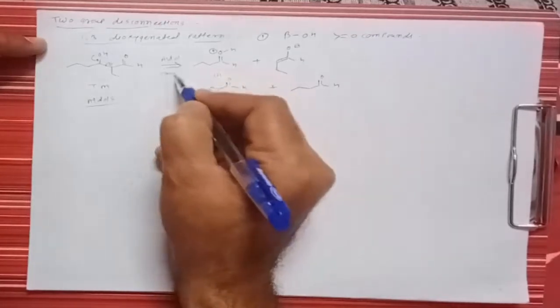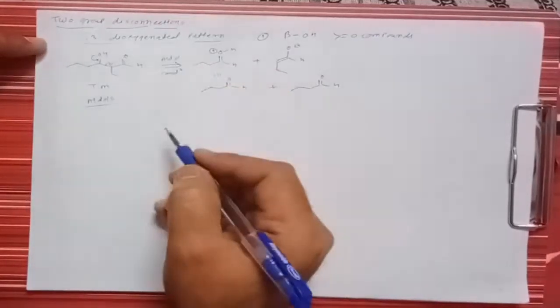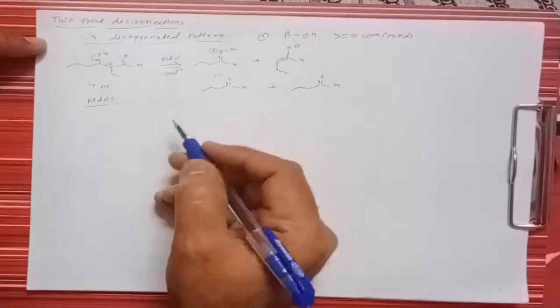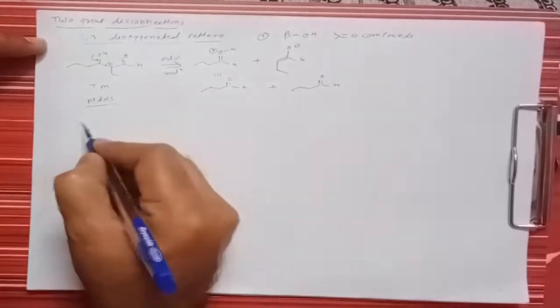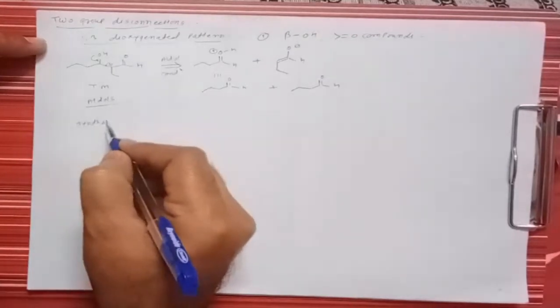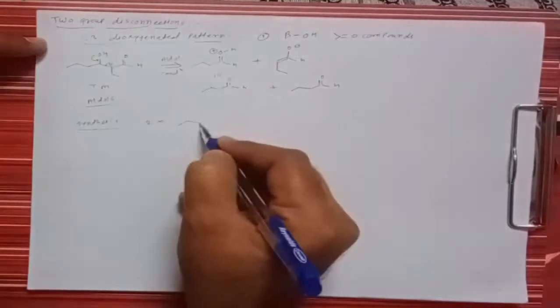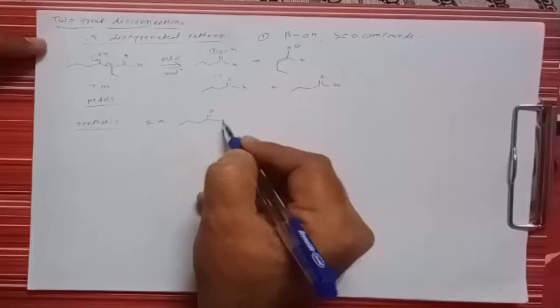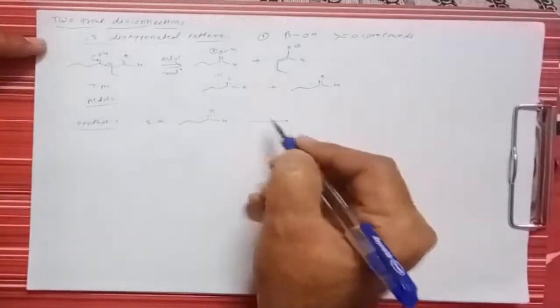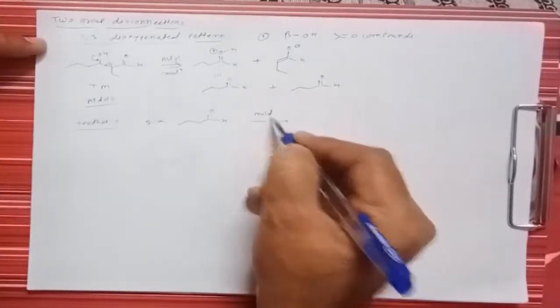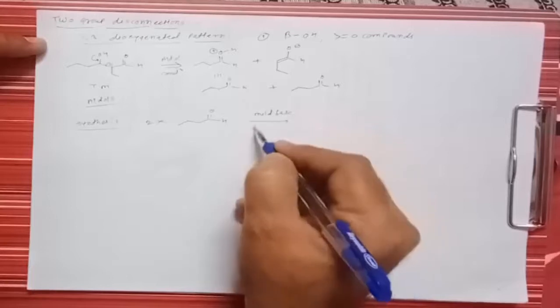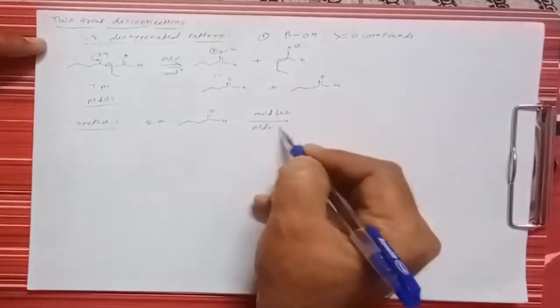That means if we go for synthesis, then we are taking an aldol condensation. That means by using a simple synthesis method, we have to take two molecules of these aldehydes in presence of a base, but a mild base, and that mild base gives the aldol condensation reaction.